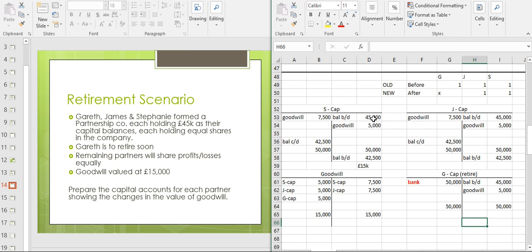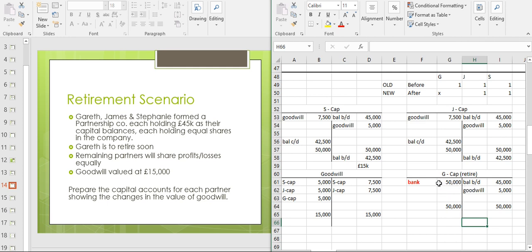Okay, so you can clearly see Stephanie's capital has dropped 2.5, 45 to 42.5. That is a 2.5 decrease. It is exactly the same for James, 45 to 42.5. So he's given up 2.5. She has given up 2.5. He has benefited. Okay, he started off with 45. How much has he got left over at the end of it?